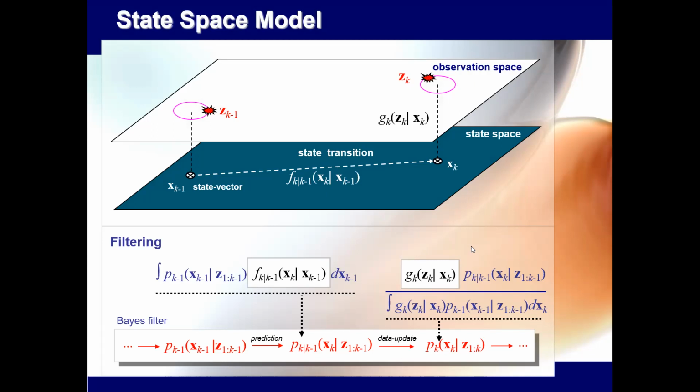Okay. And if you know these two types of PDFs, it means that you know the mathematical description of them. And what I'd like to do is try to reduce this uncertainty coming from the state evolution in time and the sensor.